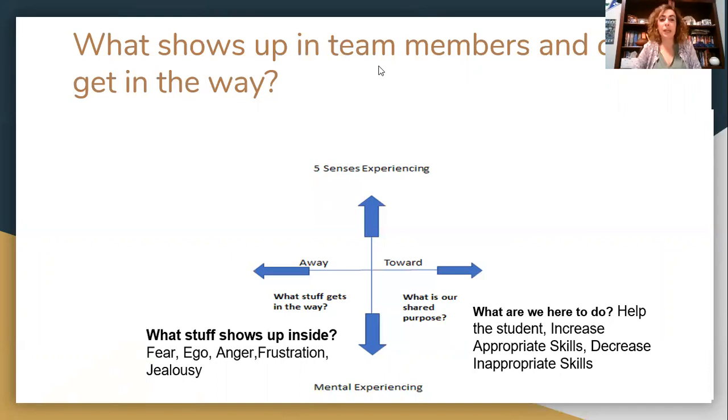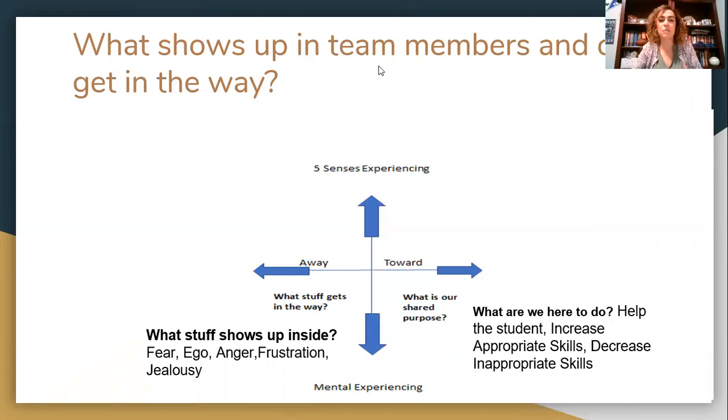Your ego, somebody else has better answers than you do, and you might come across looking at like, oh, well, why is he even here? Why is she even here? She's not adding anything to this discussion. Fear that they might discover you don't know what you're talking about, and we certainly do know what we're talking about. But those are different things that come up, and they come up inside of us.